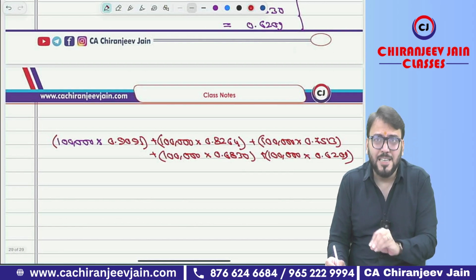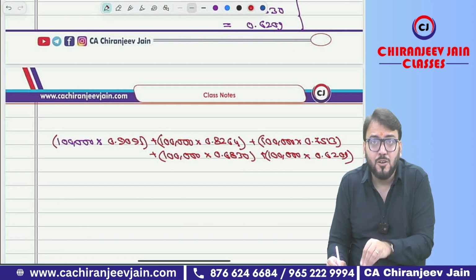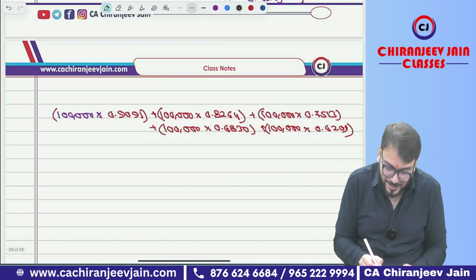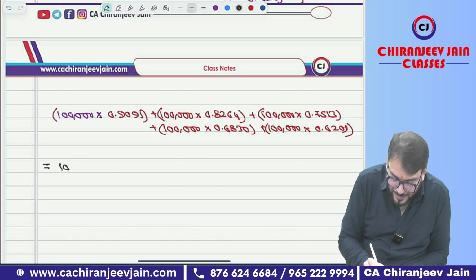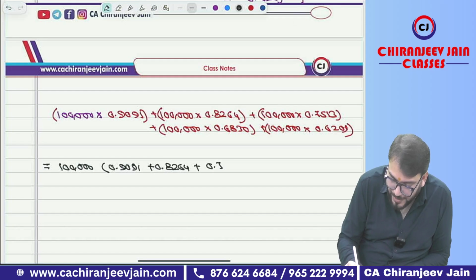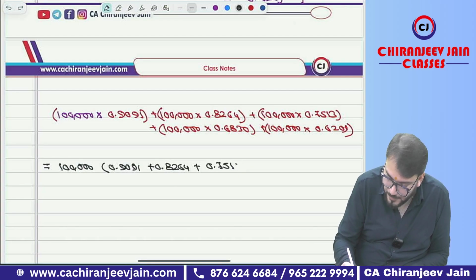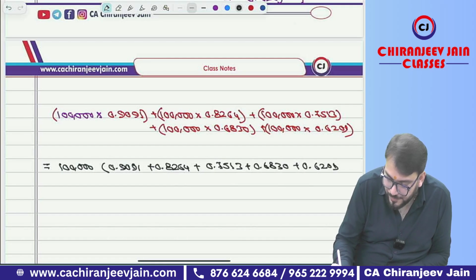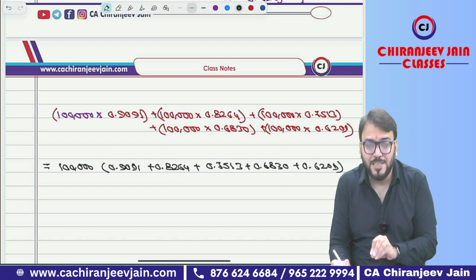Can you see, if you know mathematics, in this 1 lakh, can we make common out? If you know mathematics, we can say 1 lakh is common, and we'll do 0.9091, 0.8264, 0.7513, 0.6830, 0.6209. Of course, you know this much mathematics.